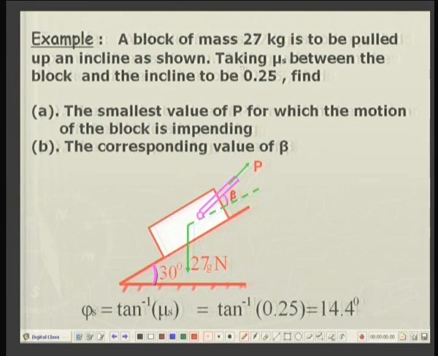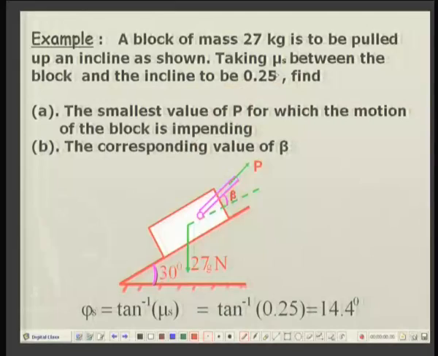Taking the coefficient of static friction between the block and the incline as 0.25, find the smallest value of P for which the motion of the block is impending, that is, the block will just start to move up. And secondly, what is the angle required, that is angle beta, which will pull the block up the incline.